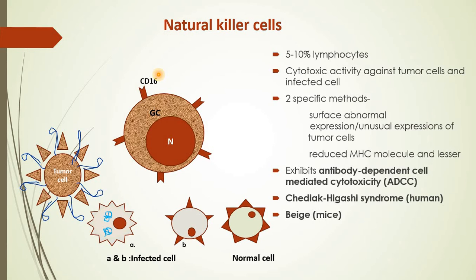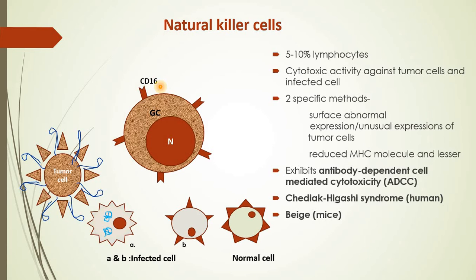In the same way, natural killer cells show the cluster of differentiation protein which is of 16 type. It means it has been identified at the numeric level of 16th. Therefore, the name has been given as 16.